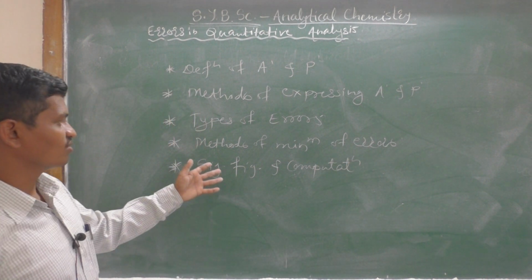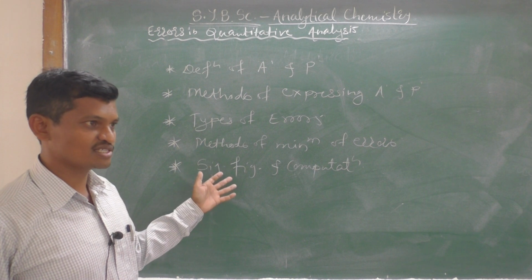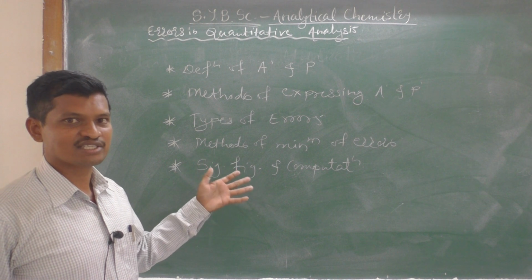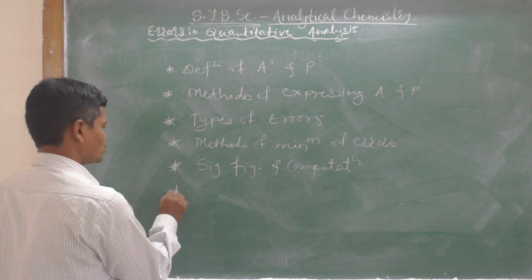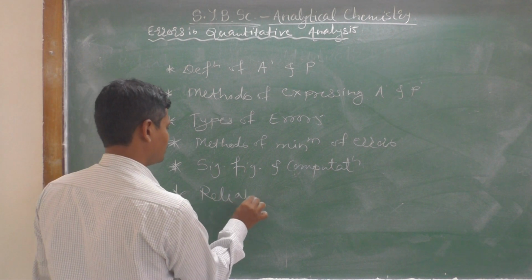In that we saw the concept and the application of significant figures in mathematical operations such as addition, subtraction, multiplication and division. And the last topic was reliability of result.